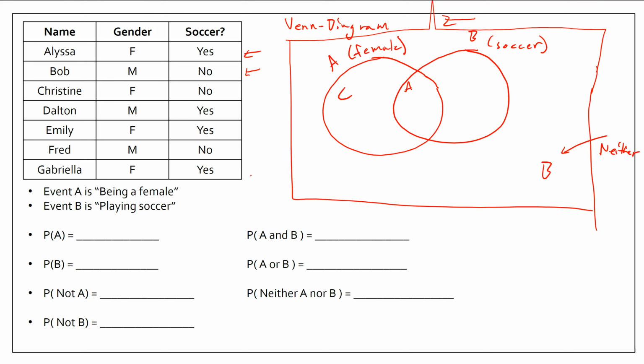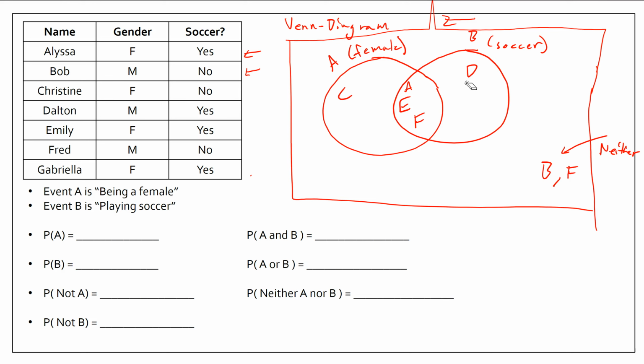Dalton, he's a soccer player, but he's not a female. Emily, she's a female and she plays soccer. Fred is a male that doesn't play soccer, so he's also in the outside zone. And then Gabriella fits in the overlap. So again, girls in the overlap play soccer and they're girls. This person is a female but doesn't play soccer. This person is a soccer player but not a female.